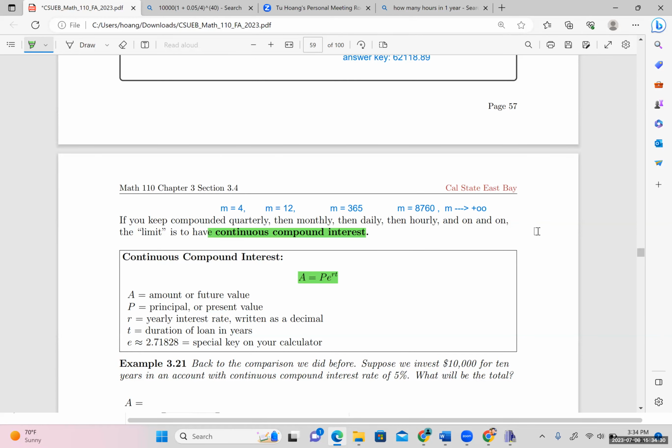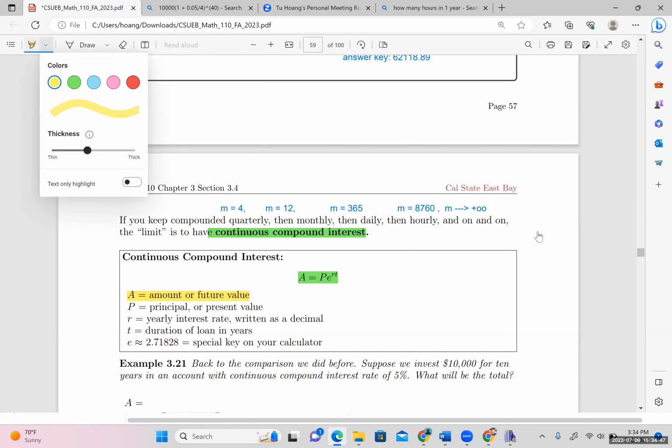But we just use this form to make it more convenient. So in this form, we still have A as the future amount, and P is the principal value.